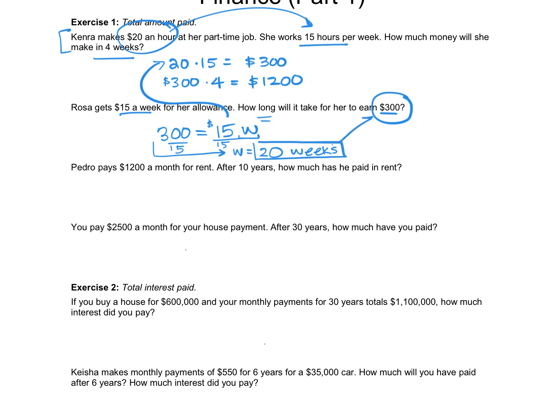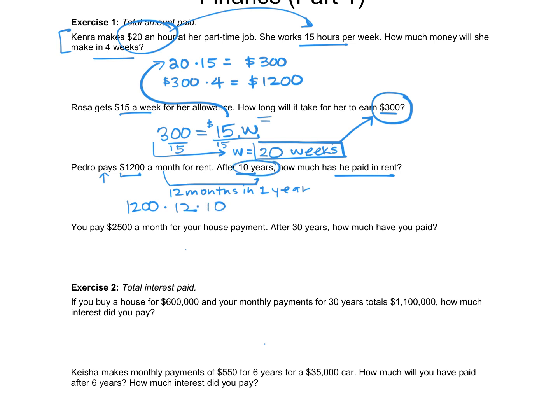She'll have $300. Now, Pedro pays $1,200 a month for rent. So after 10 years, how much money has he paid? Let's think about this. There are 12 months in 1 year. So we could take that 1,200 times 12, but we're not just doing it for 1 year, we're doing it for 10 years.